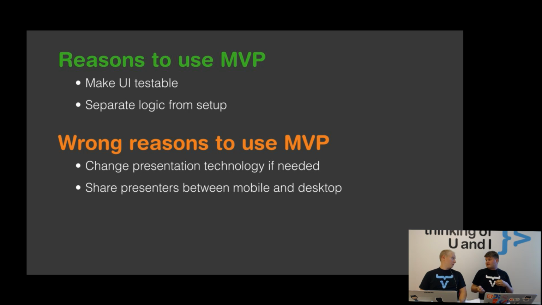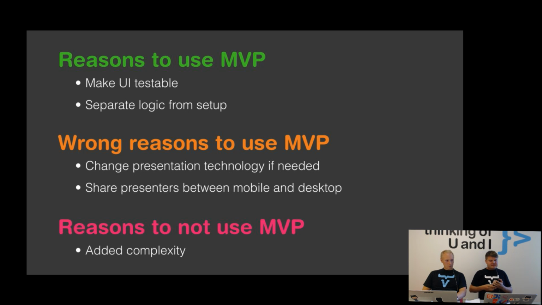If you're replacing the framework, you're always going to rewrite the UI layer. And the needs of the views tend to be quite different from each other, so you can still see the framework choice in the presenter, even though it doesn't directly mention it. And the clear downside of MVP is that you are adding a lot of complexity to your application.